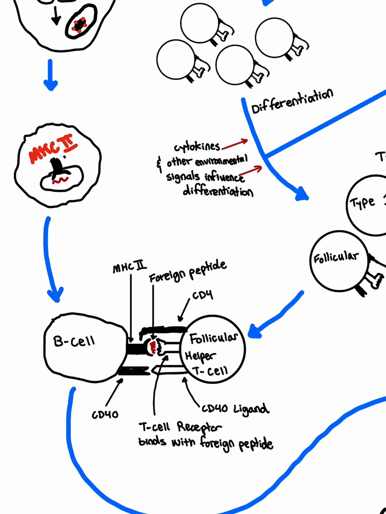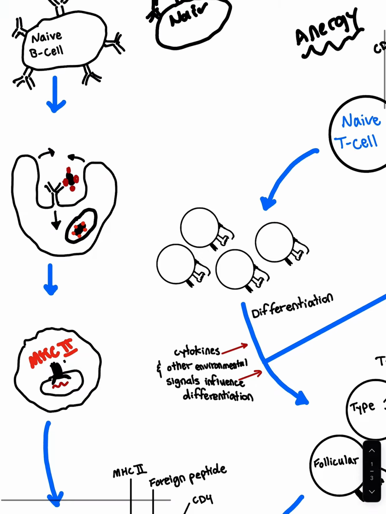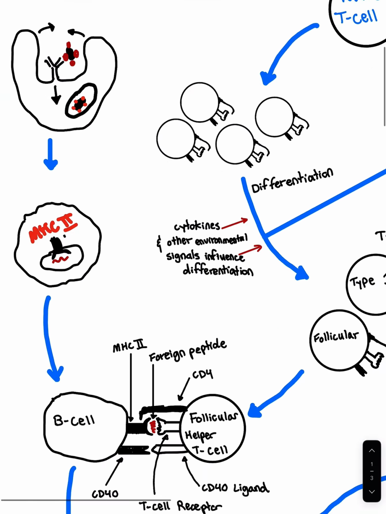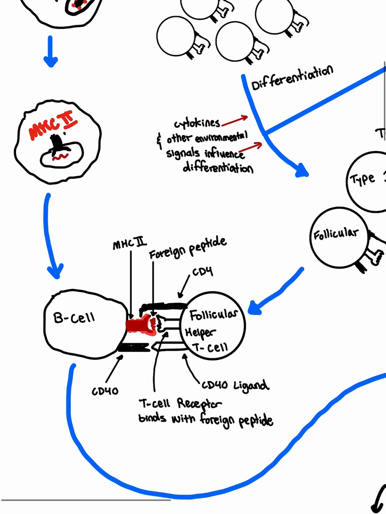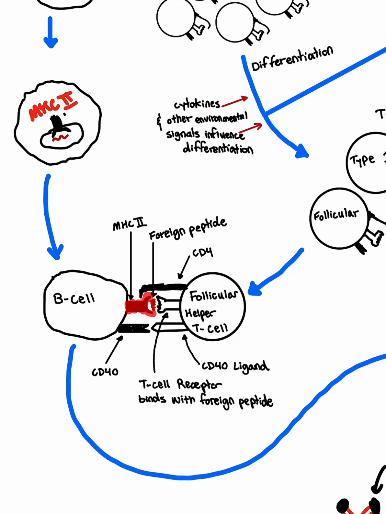It'll then fuse that MHC2 molecule right here with one of the foreign peptides that I broke down from that bacteria that I got from outside of the cell. And that MHC2 molecule will fuse, and then it'll be presented on the surface of this B cell. So right here, highlighted, is the MHC2 molecule that's presenting the foreign peptide in red.